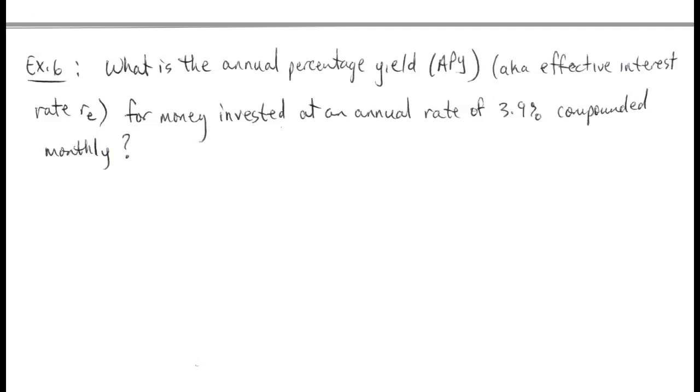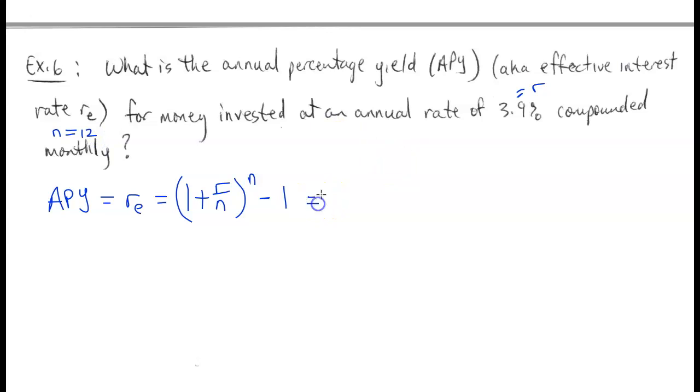To do that, we can use the annual percentage yield formula, r sub e, which is 1 plus r over n, all raised to the n, minus 1. Here we know that 3.9% is what r is. If we're compounding monthly, then n is 12.